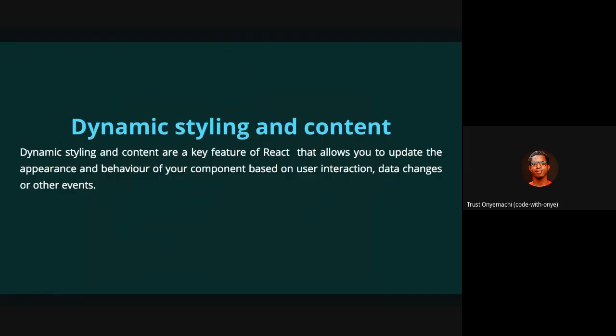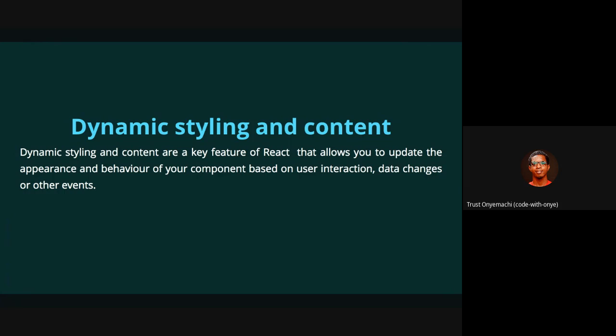Okay. Now we go to the main core of React, one of the main interesting things about React: it lets you style dynamically, or change content or styling dynamically, easily. You can do that with JavaScript, but it's a bit buggy. With React, it's very easy.